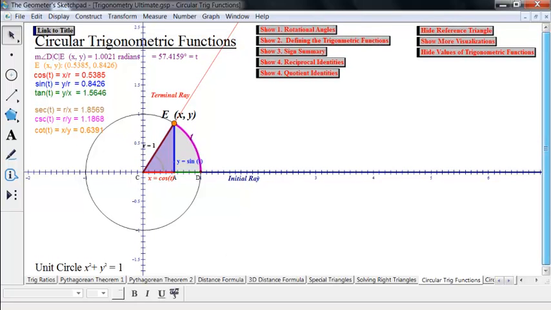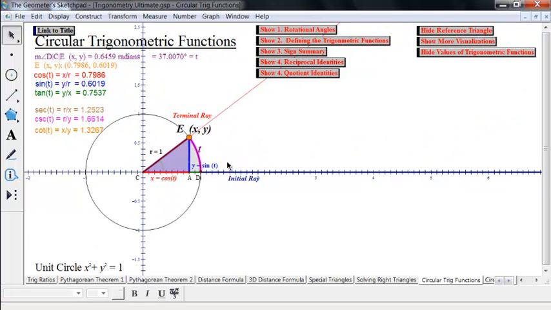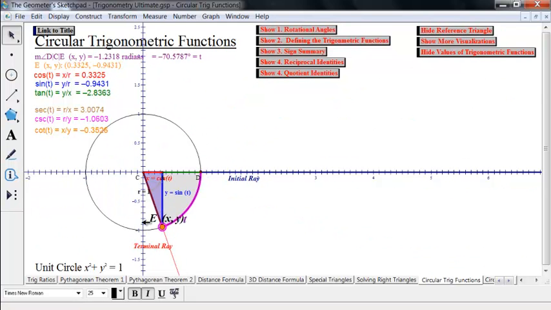So let's summarize again. You can see them right here. In general, if we have a circle with radius r and we start with an angle in standard position. Let's review standard position. The vertex is at the origin, the initial ray is on the positive part of the x-axis. We do a rotation through whatever length.